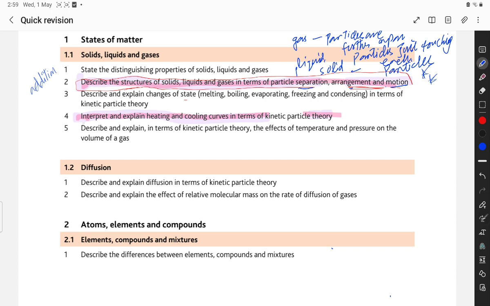Okay. Now interpret and explain heating and cooling curves in terms of kinetic particle theory. This is also a new addition. For example, this is the heating curve.